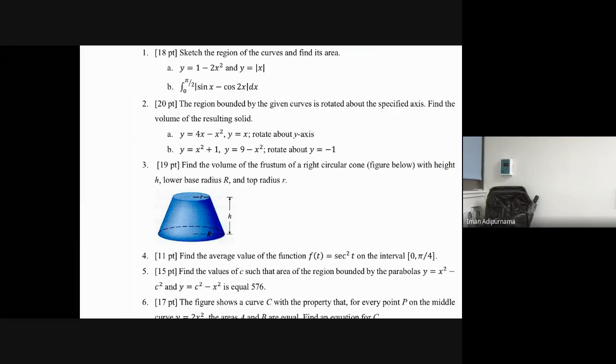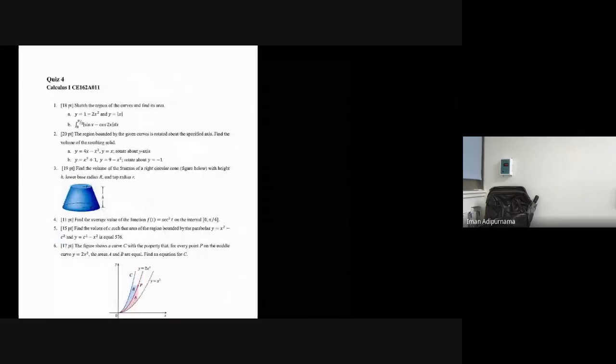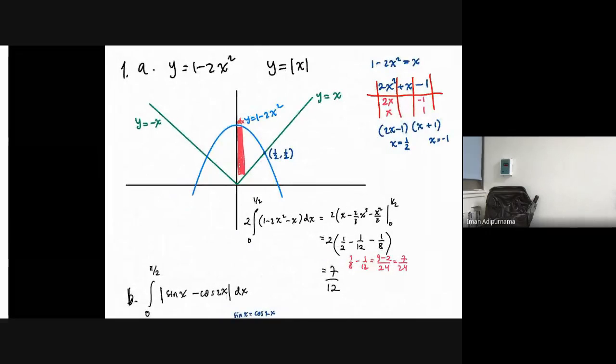Okay, let me start with number 1. Draw 1 minus 2x squared, and then you have the absolute value of x. Absolute value of x means you have minus x here and x here, right? But we just need to see the area between this blue and green curves.